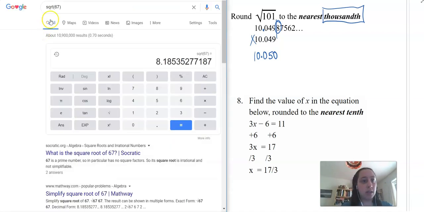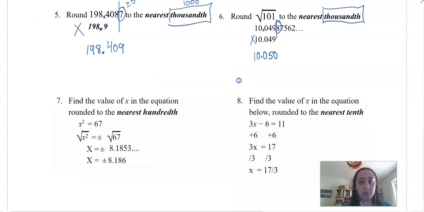And let's see, square root of 67, that's the correct number. Now it says nearest hundredth. 100 has 2 zeros. So we need 2 numbers after the decimal. Here, 1, 2, and we cut it off. They have 3 numbers. This is the nearest thousandths, so that's not correct.